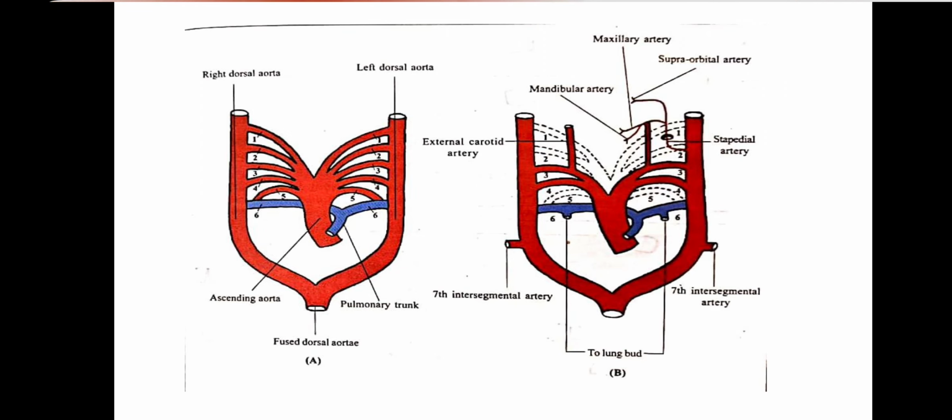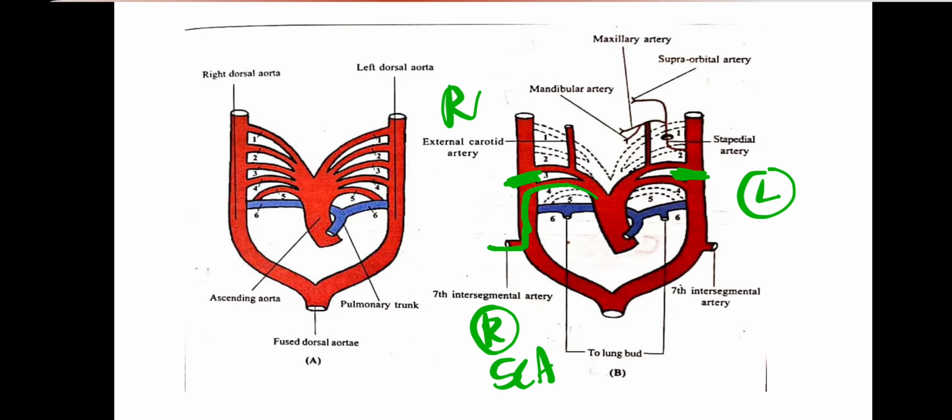Okay, so this portion is going to disappear because of the differences in blood flow between the third and the fourth arches. Now the fourth arch on the right side, along with the dorsal aorta and the right seventh intersegmental artery, is going to become the right subclavian artery, whereas the fourth arch on the left side is going to become a part of the arch of aorta.